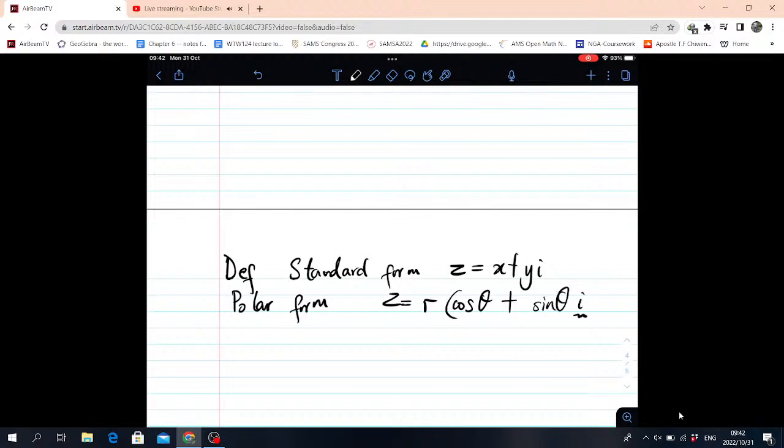Sometimes putting i there is a problem if you've got something like sine there, but it's not a problem. I think as long as you know what you're writing, it's okay. And then we have got the shorthand, which is z is equal to r e to the i theta, like that, right? And then we also talked about principal argument.